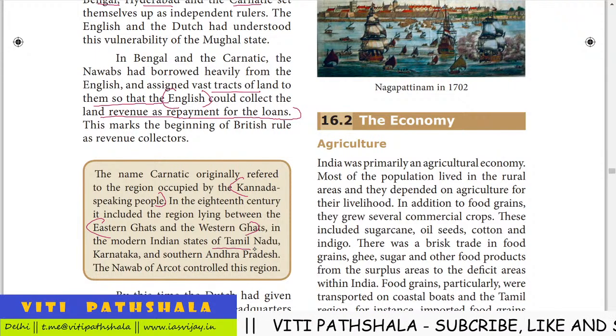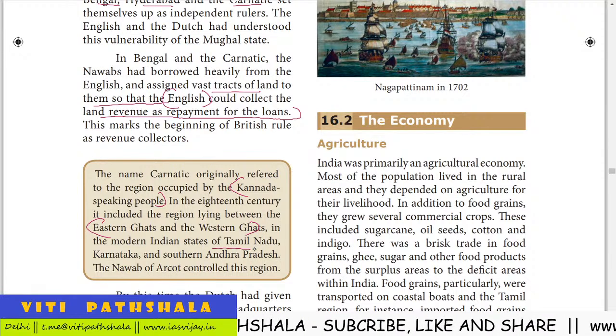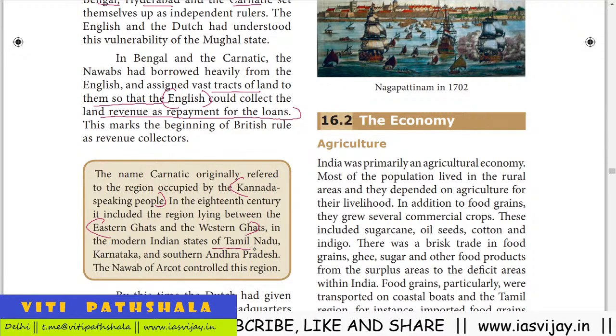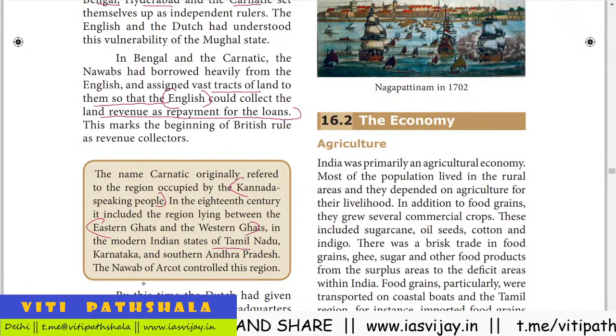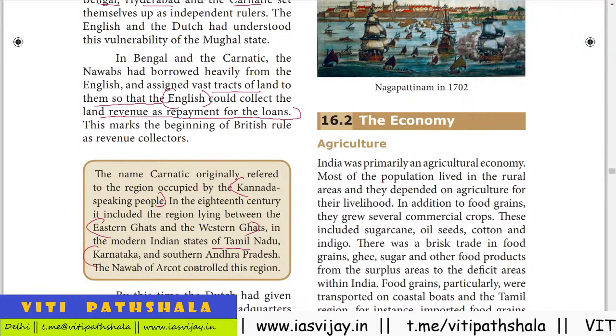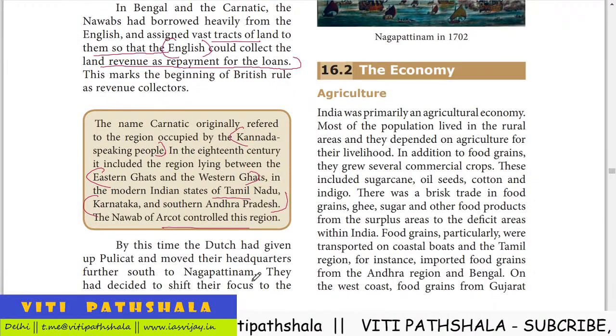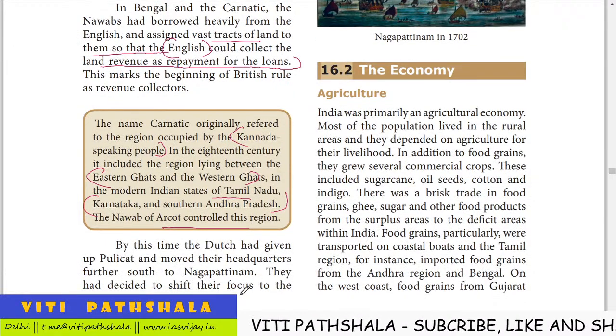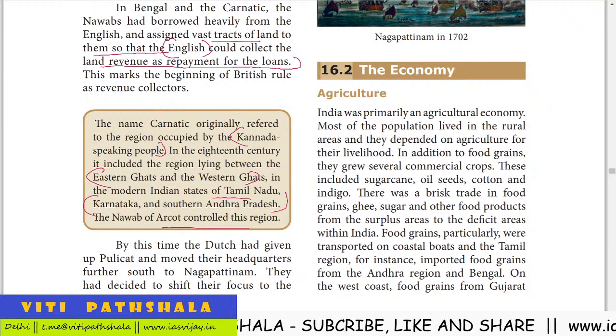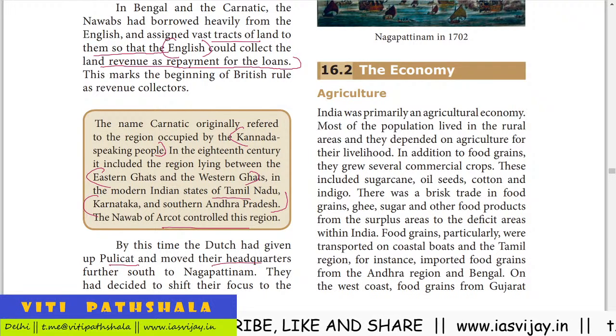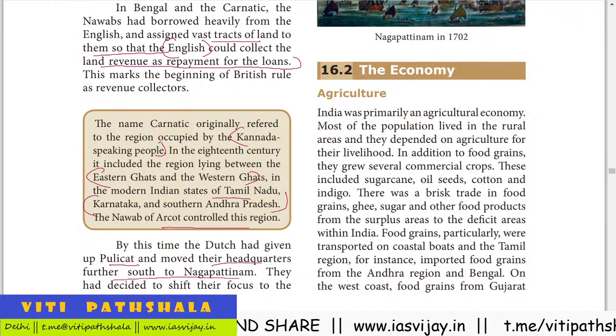You cannot learn 400 pages of the book for the mains exam. You cannot retain these whole things. By this time, the Dutch had given up Pulicat and moved their headquarters further south to Nagapattinam.